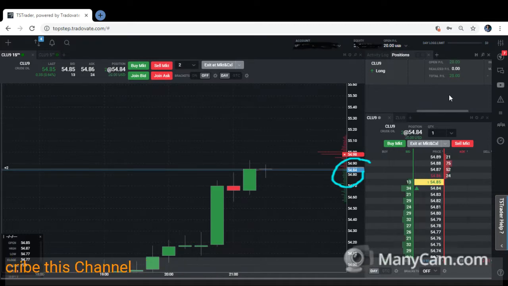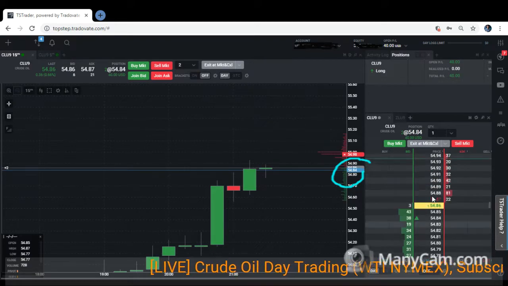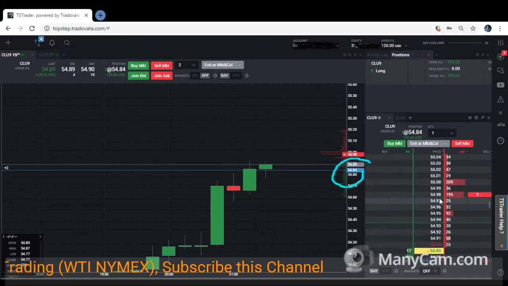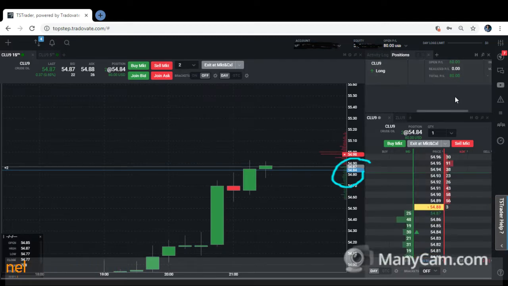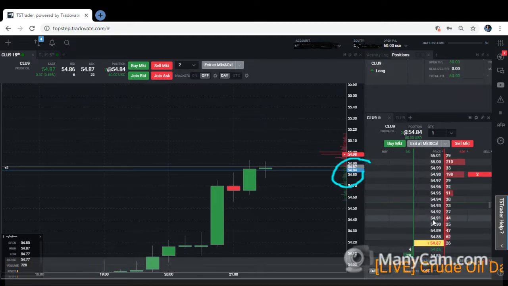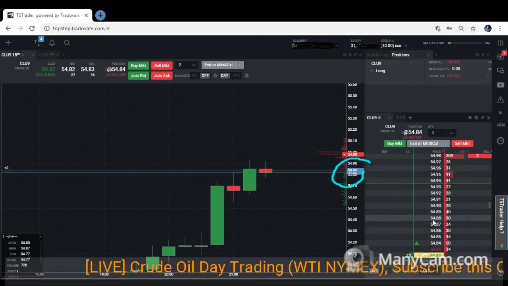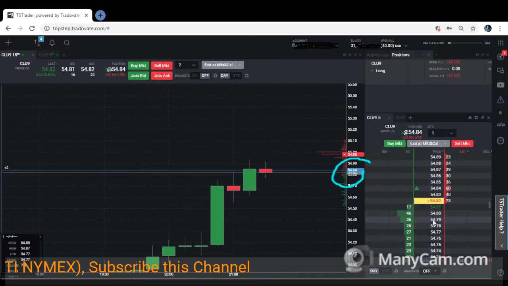Break even plus 2. There's still high volume waiting at 55.00, 54.98. So we are now $100 in profit. This is US scalping day trading. It should be fast. Now back to the negative territory.